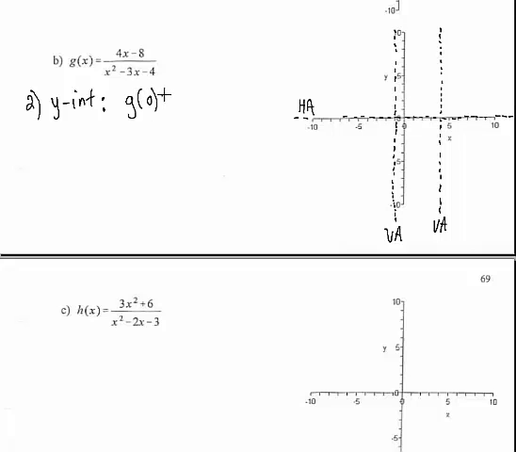We plug 0 in for x. We get 4 times 0 minus 8 over 0 squared minus 3 times 0 minus 4. If you wanted to be quick about it, you could just drop everything except the constants of your polynomial and write negative 8 over negative 4, which is a positive 2. And transferring that to my graph, I put a dot right here on the y-axis at plus 2.